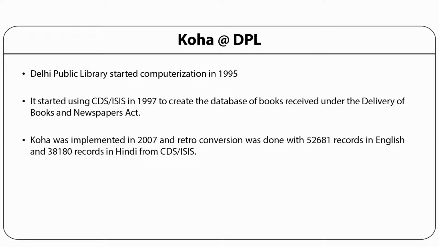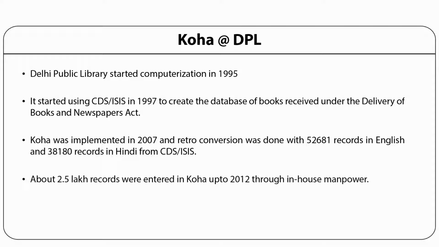Koha was implemented in the year 2007 in Delhi Public Library, and retroconversion was done with 52,681 records in English, and similarly there were 38,180 records in Hindi which were transported from CDS-ISIS.